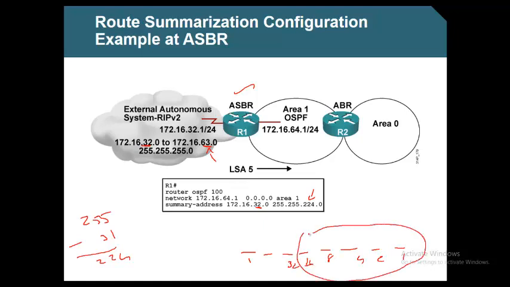So this is what I need to subtract, because after 32, another 31 is what going to give me 63. 255 minus 31 is 224. Alright, see, the command is this summary address, and these networks starting from 32 summarize like this. So there is no area involved, so you cannot mention any area number for this. Is this clear? Yes, sir.